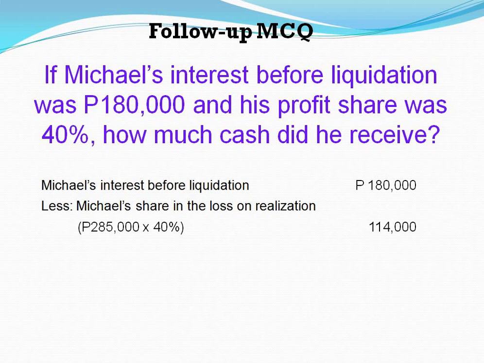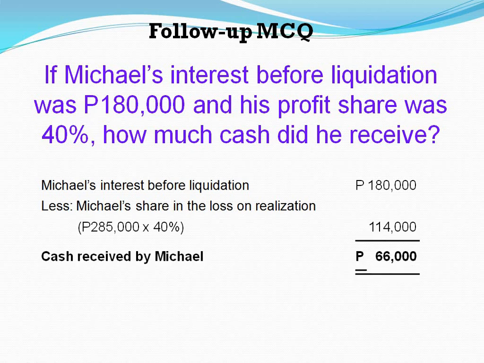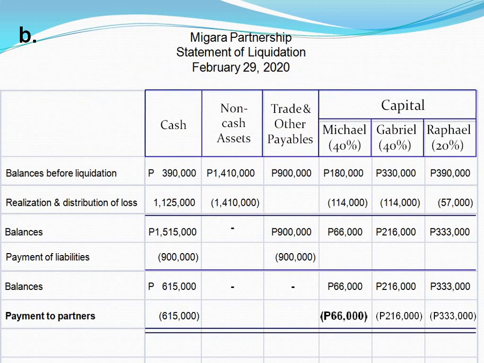And then we subtract that amount from his interest before liquidation of 180,000 to arrive at the amount of 66,000. The cash he received as final settlement from the partnership, which is what we have here in our statement of liquidation.